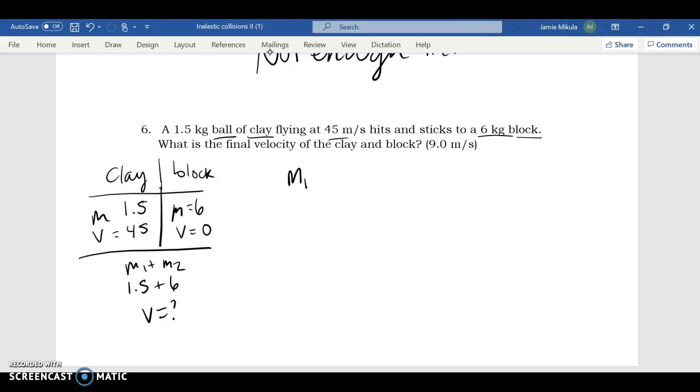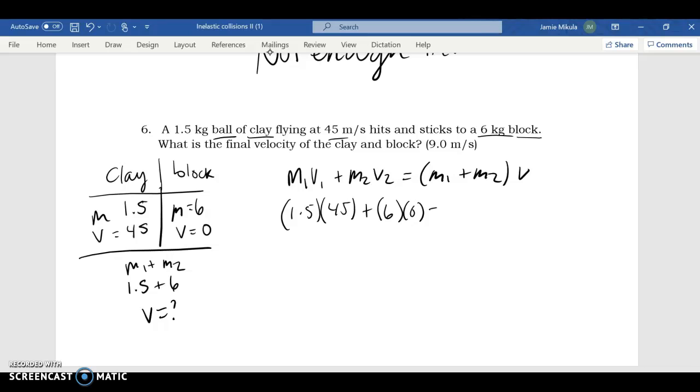So this will be an inelastic, so m1v1 plus m2v2 equals m1 plus m2 times v. So here we go, 1.5 times 45 plus 6 times 0 equals 1.5 plus 6v.